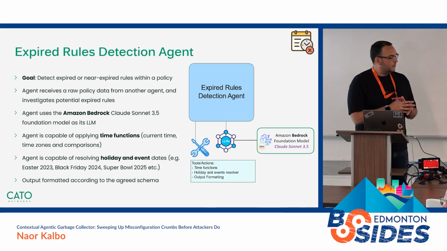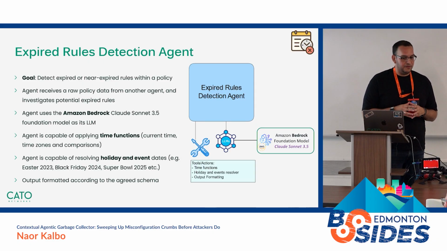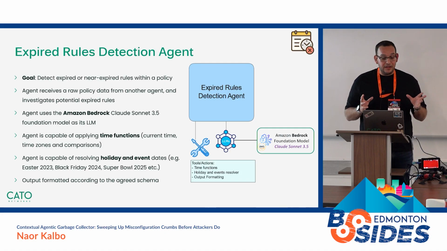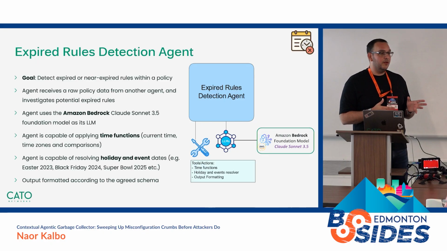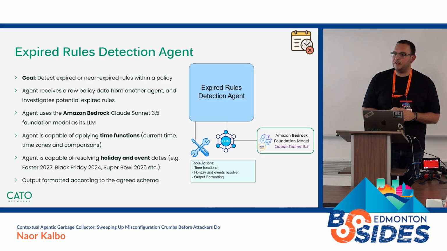Another set of tools is the holiday and event tools, which are responsible for resolving non-deterministic dates, such as, as we mentioned before, Easter, Black Friday, Super Bowl, each of which, by the way, falls on a different date every year. And we need to spot that. We need to define and pinpoint a specific date. LLMs couldn't do that.